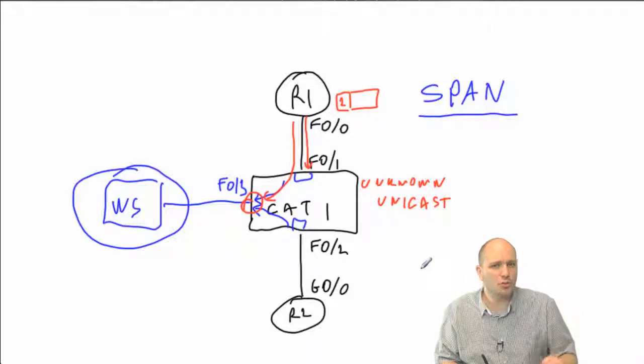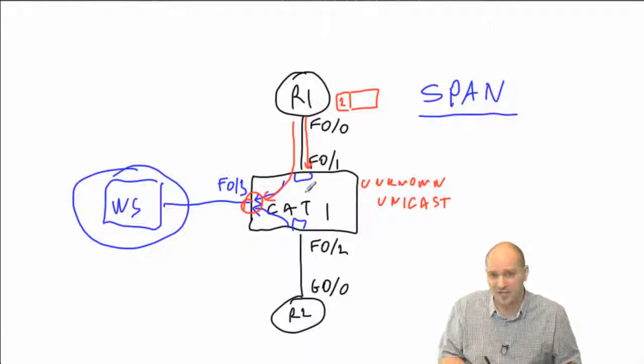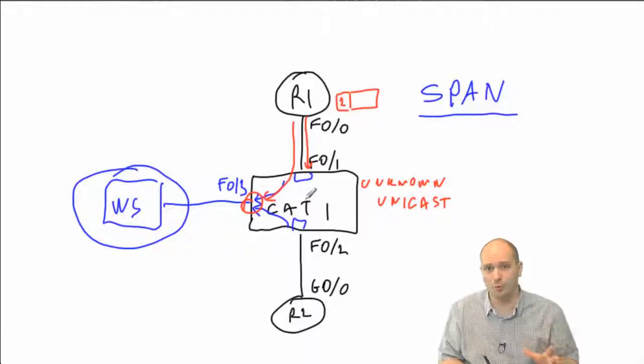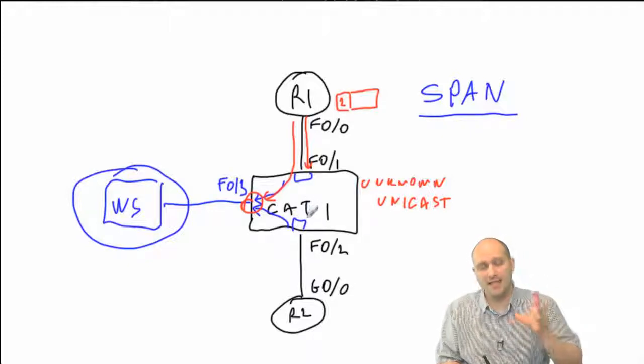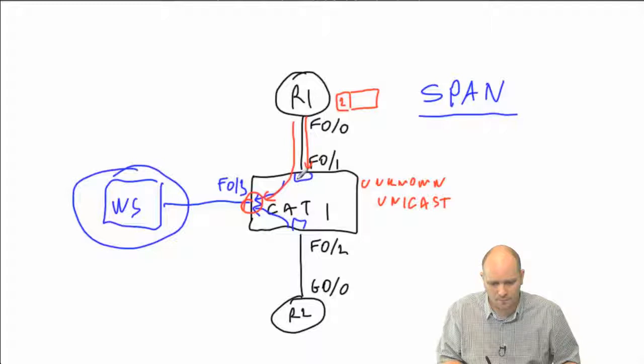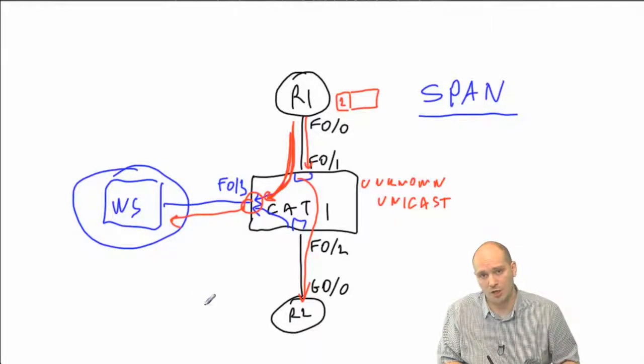So what does the switch do with this traffic? Well, it floods it. It's going to send it to all the ports in the VLAN except the port it was received on. So a copy of this traffic was sent to R2, but also a copy of this traffic was sent to our fast Ethernet 03 and hit our Wireshark.